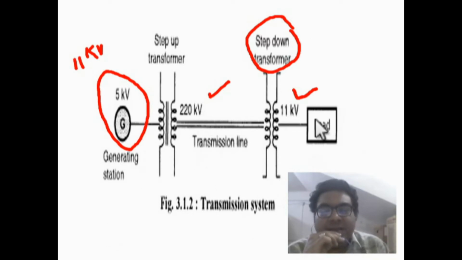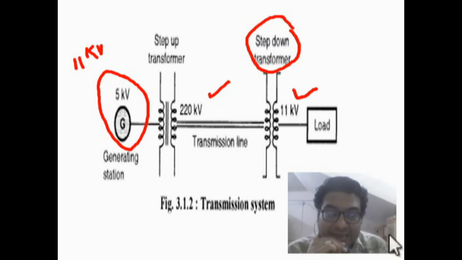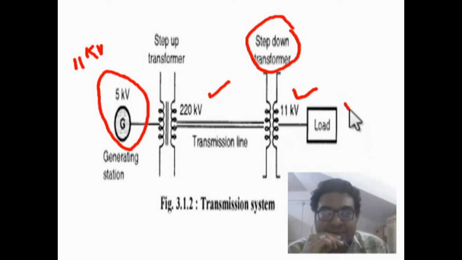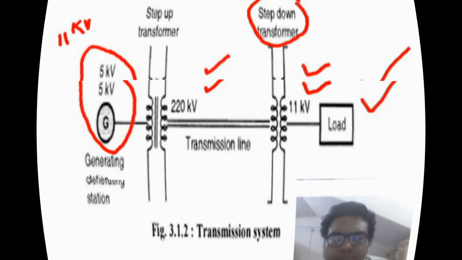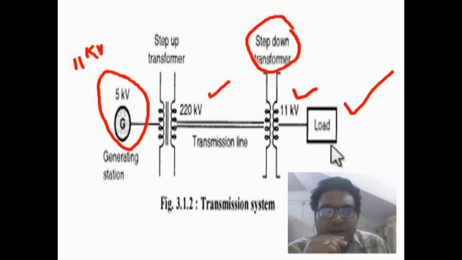This voltage level is reduced to 11 kV, and then this power is distributed to the load. And then this power is consumed by the customers.